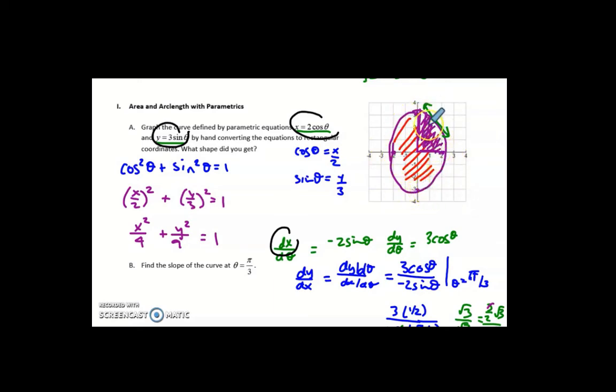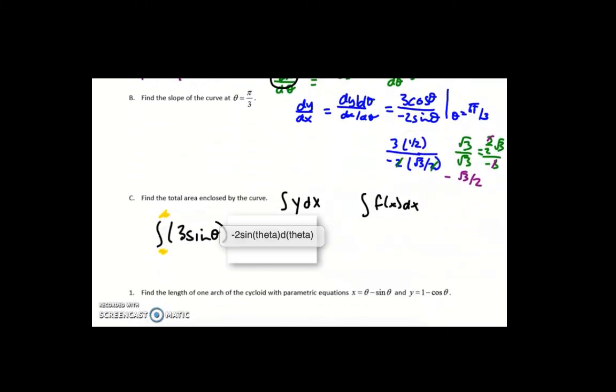Well, remember when I talked about this section right here? That, if I had just integrated that rectangularly, I would have gone from 0 to 2. So what we're going to do is change those rectangular coordinates to be in terms of theta values. So to do that, I'm going to start with my 0 to 2, and these are x values, and if you recall, we had x equals 2 cosine theta.